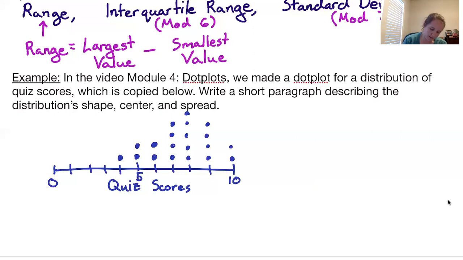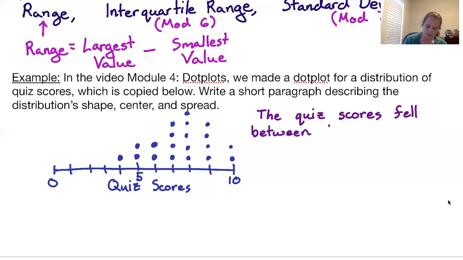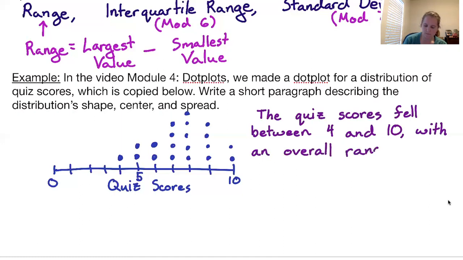So we could say that the quiz scores fell between 4 and 10, our smallest and largest scores, with an overall range of, again, to find our range, we just do the large minus the small.